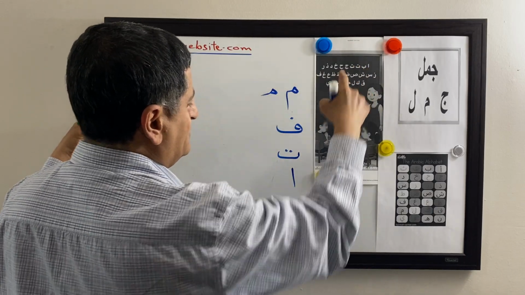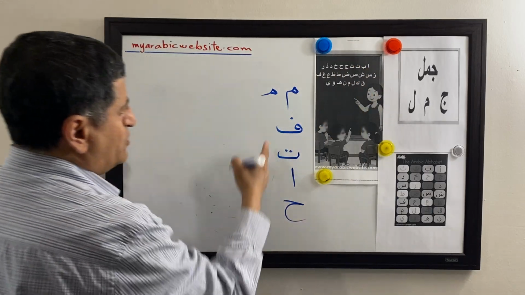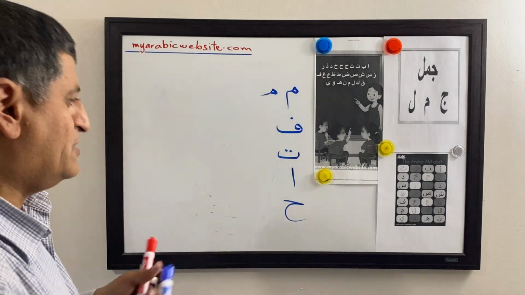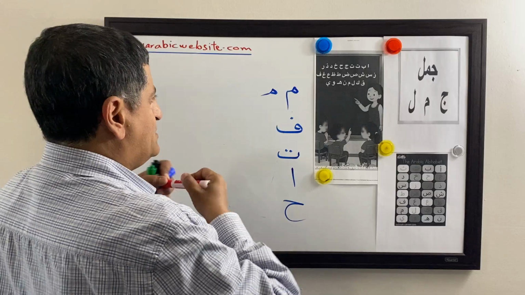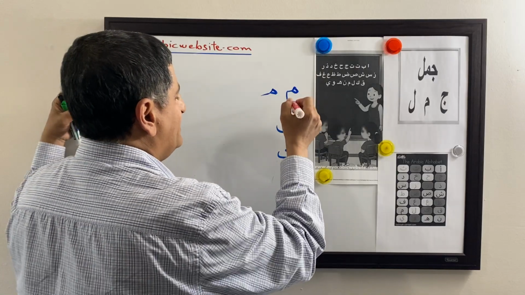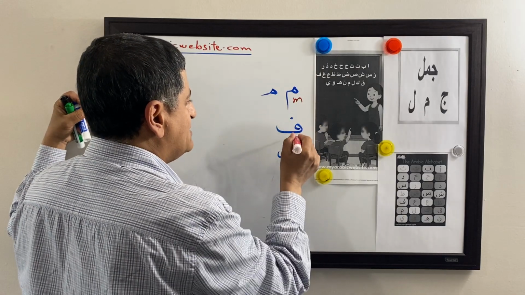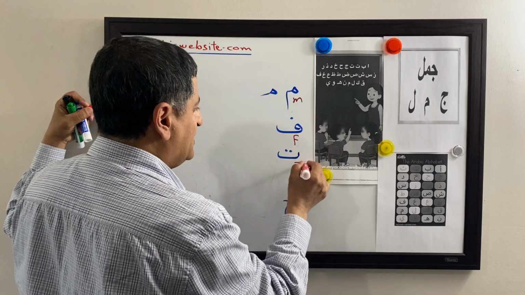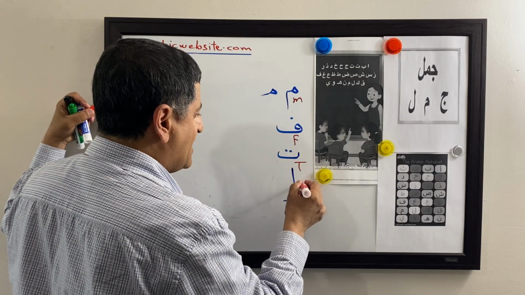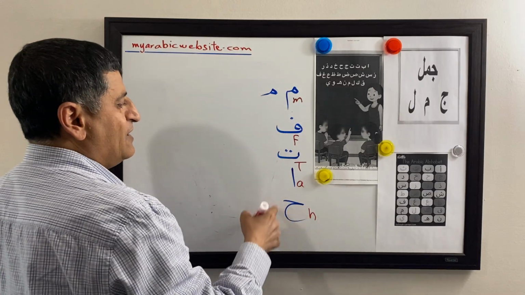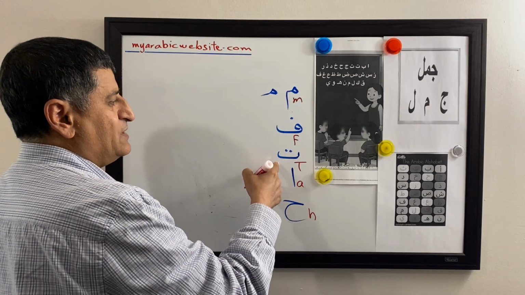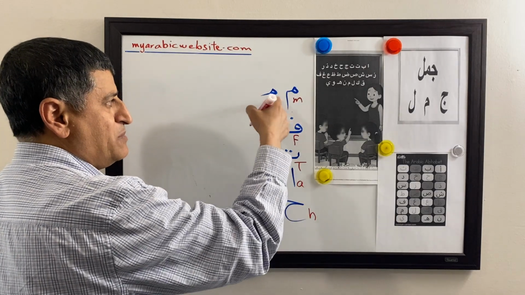Then ha. Okay, so we're gonna make a word from this one. If I do it quick, you will see the sounds. This is M sound, this is F sound, this is T sound, this is like A sound, and this is like H sound. Ha, alif, ta, fa, meem.